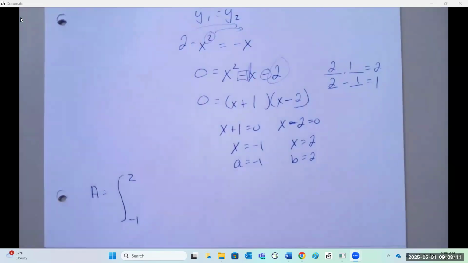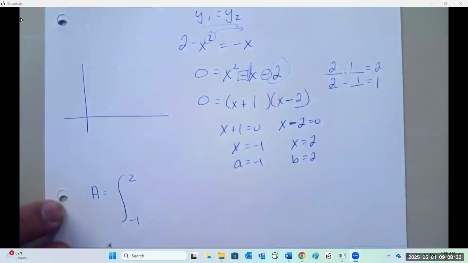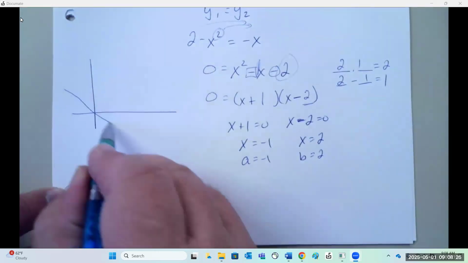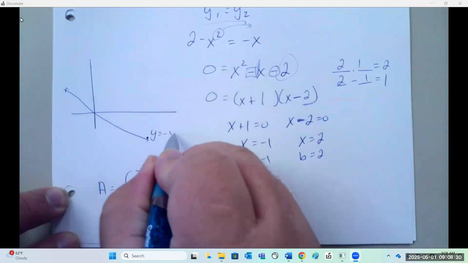Now, what we have to do here is figure out which one's f and which one's g. If we graphed those two functions, the line y equals x goes through the origin and looks like this. This is y equals negative x.